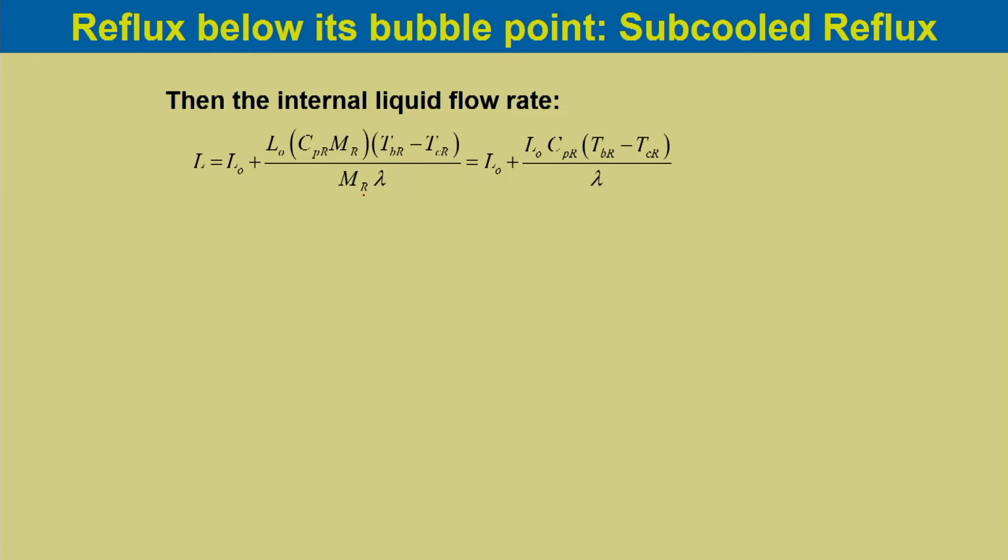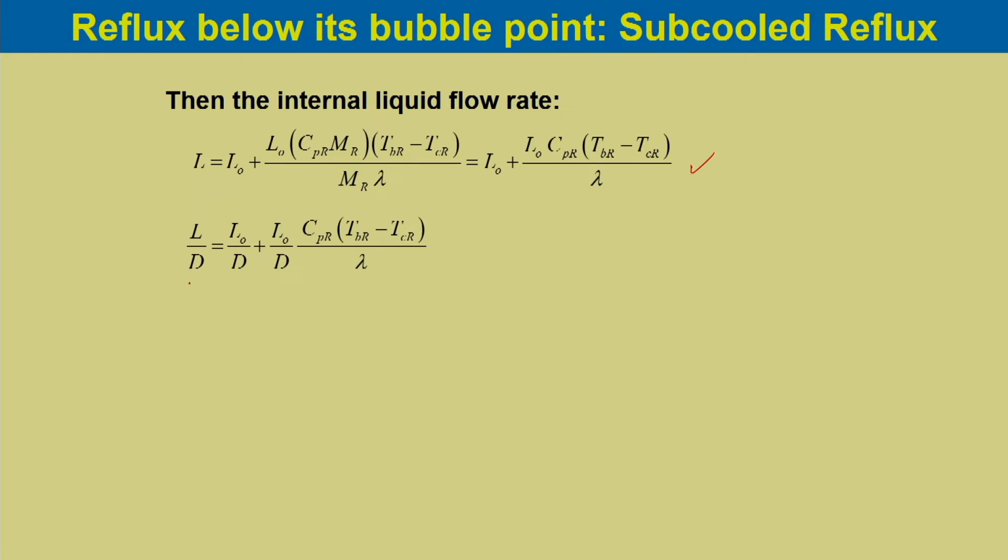So, MR will be cancelled out. So, it will be L naught plus L naught into CPR into TBR minus TCR by lambda, and again if we further simplify and divide both the sides with D.